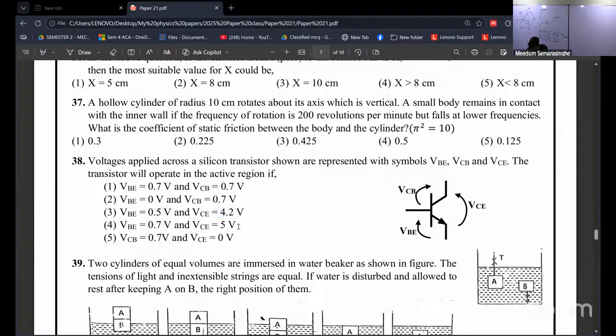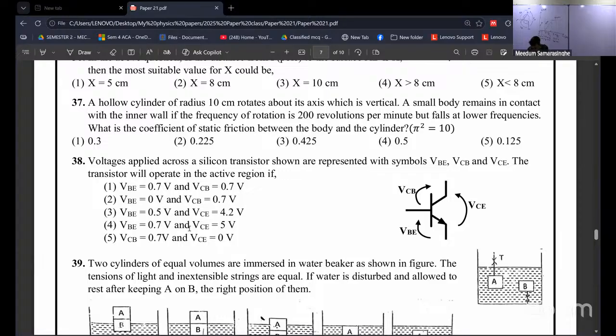Here the base emitter is 0.7 volt and VCE is 5 volt. That is directly given. Here the transistor is in the saturated region. I think the most suitable answer is the fourth one. Why? Here VBE is 0.7 and VCB is 0.7.